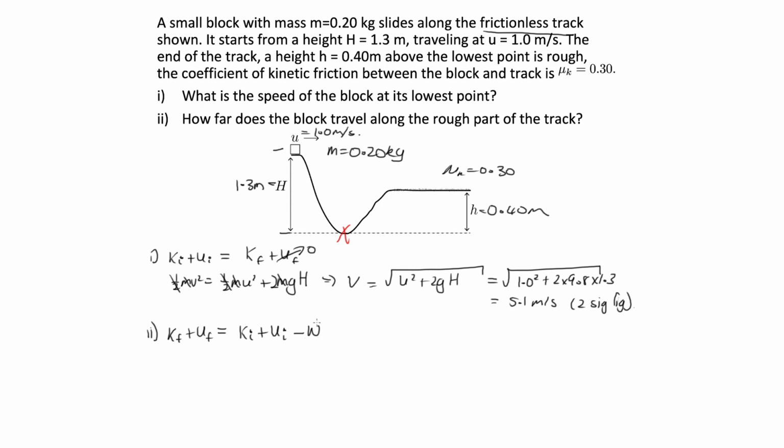So this is the energy that it's losing as it travels over this part of the track. Now the initial position that we'll consider is this one. So this is initial, and the final position we're considering is when it stopped. So it's somewhere over here. So we can say that the final kinetic energy is 0 because it's come to rest.